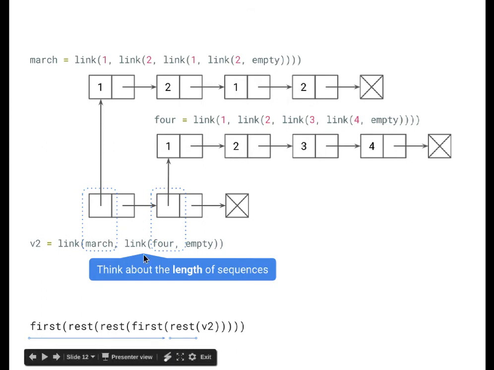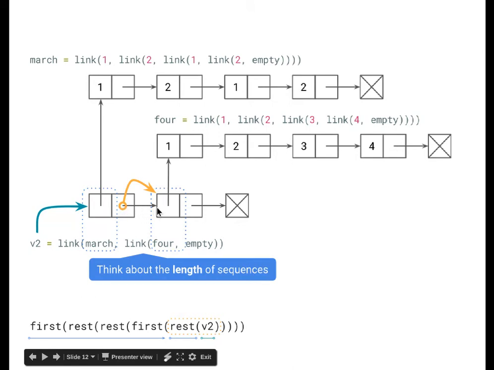And so if my goal now is to evaluate first of rest of V2, now that we figured out rest of V2 is that, well, first of rest of V2 says, look in the first box, and it is an arrow to this link. So the first of rest of V2 is an arrow to 4.